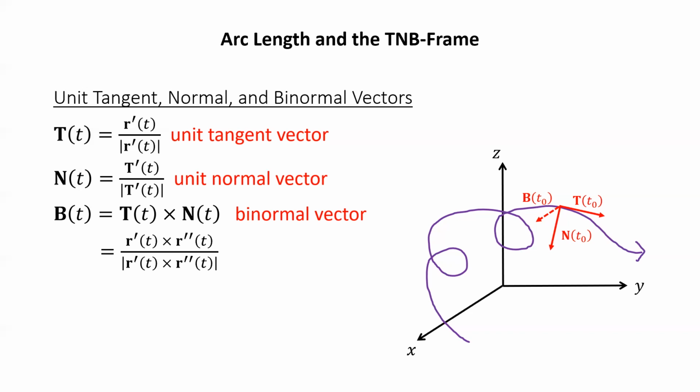I won't use that formula in this lesson, but sometimes this formula can save you a lot of tedious computations rather than computing N first. Sometimes computing B first is the way to go. If you do compute B first before N, then you might want to also use the formula N(t) is B(t) cross T(t).